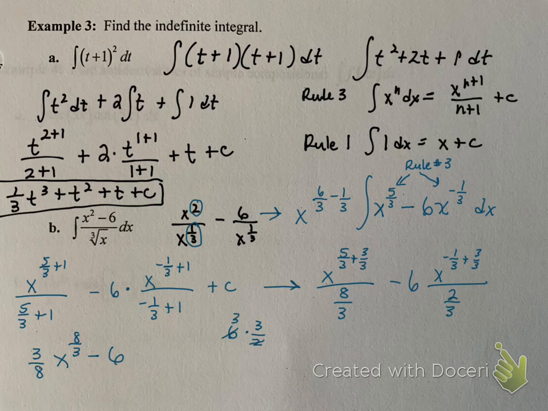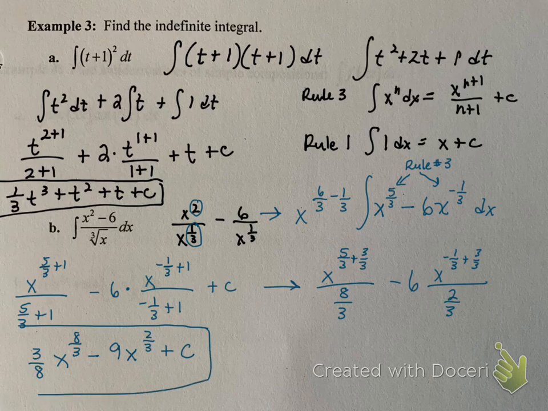And that actually gives me 9. So maybe it's good I did check it. So minus 9 x raised to the 2/3 power plus c. Okay, so that is the answer for B.